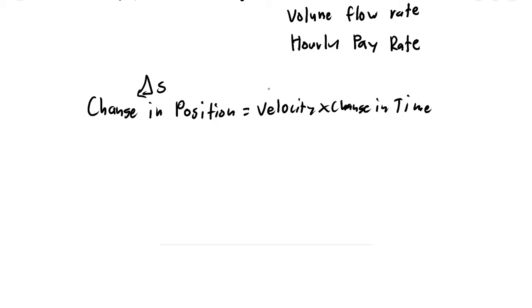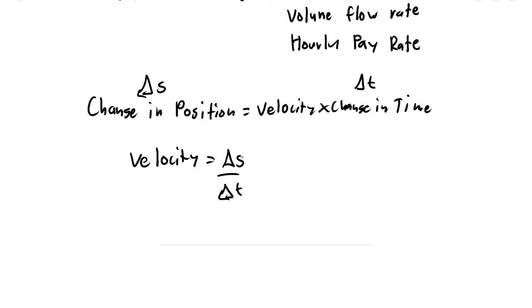And then velocity might be the rate of change, and then this would be delta t. Another way that you might have also seen this is I could rearrange this equation. We could say that velocity is equal to the change in position over change in time.